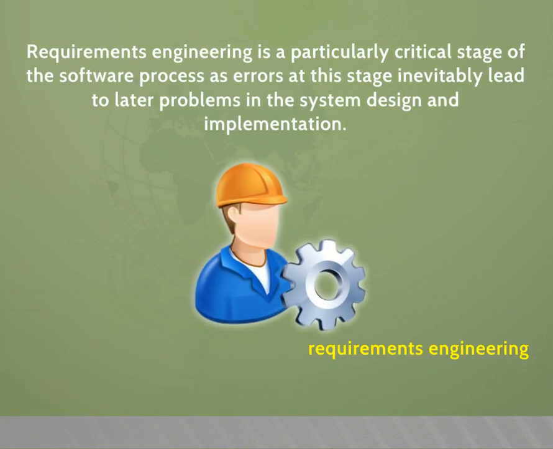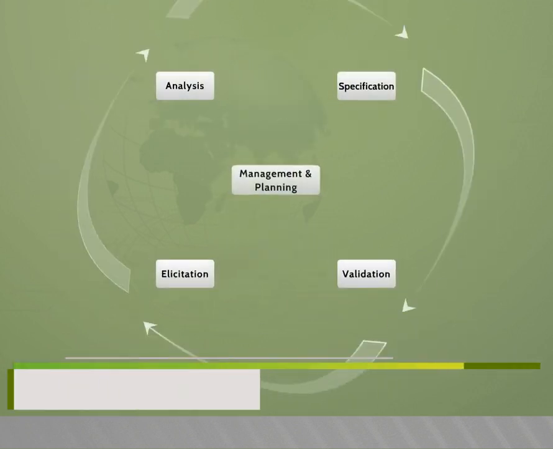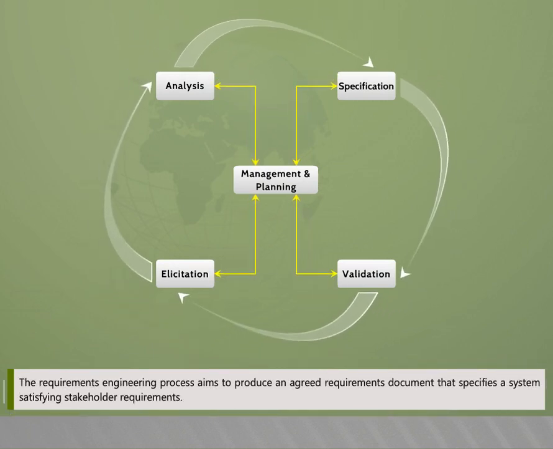Requirements engineering is particularly a critical stage of the software process, as errors at this stage inevitably lead to later problems in the system design and implementation. The requirements engineering process aims to produce an agreed requirements document that specifies the system satisfying stakeholder requirements.